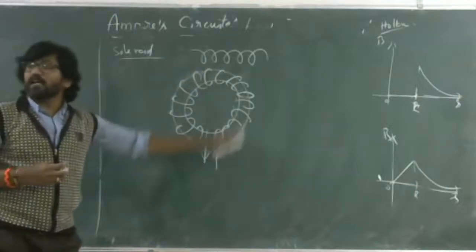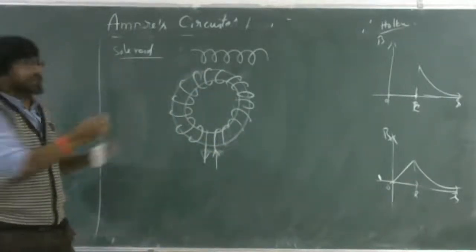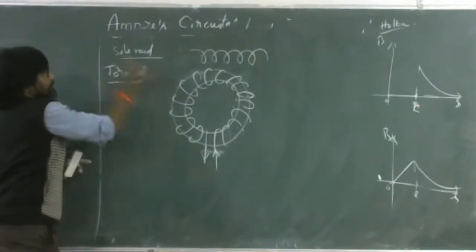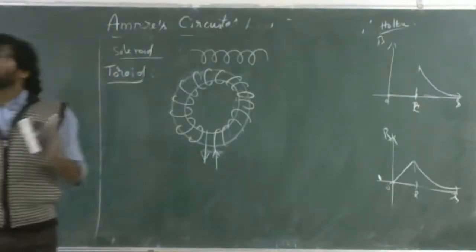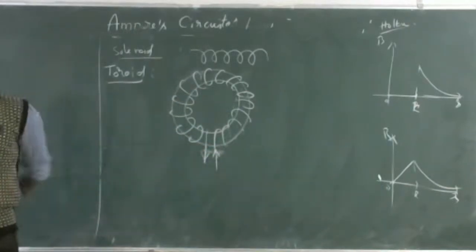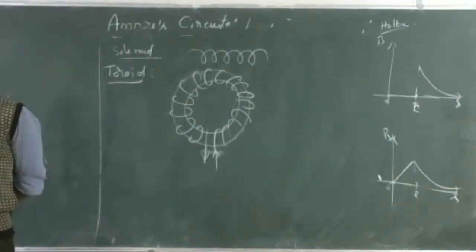This entire shape is called a toroid. So simply we say an endless solenoid is called a toroid. Note down: endless solenoid is called toroid.